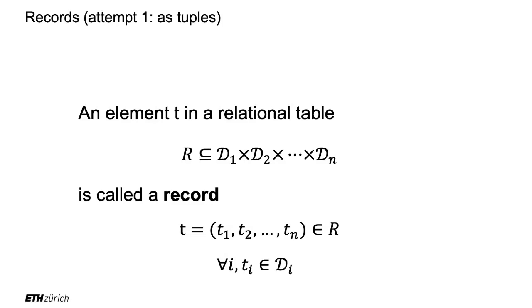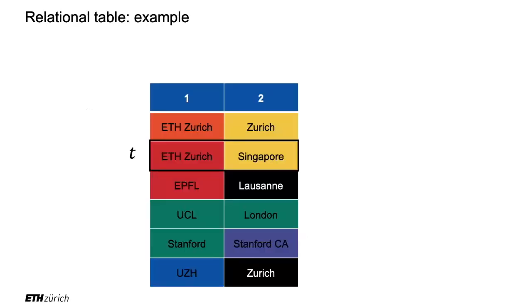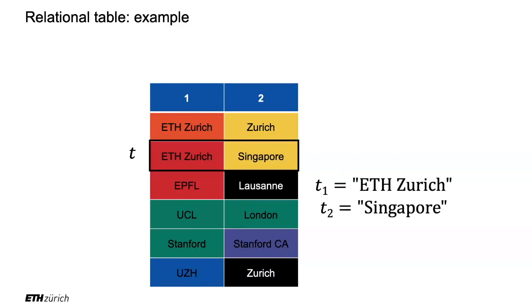All right? So these are my tuples. This is a tuple. That's the same as a row, the same as a record, but mathematically a tuple. And T1 here would be ETH Zurich, and T2 would be Singapore. Okay? And note that if I want to have atomic integrity, T1, T2, these are all atomic values, scalars. These cannot be tables in there. Okay.